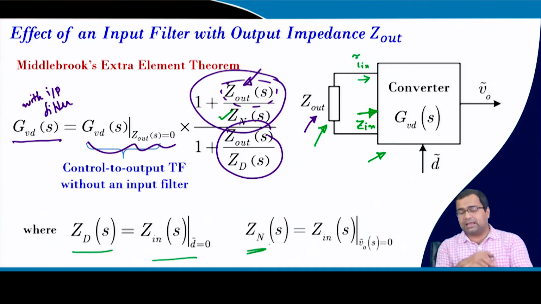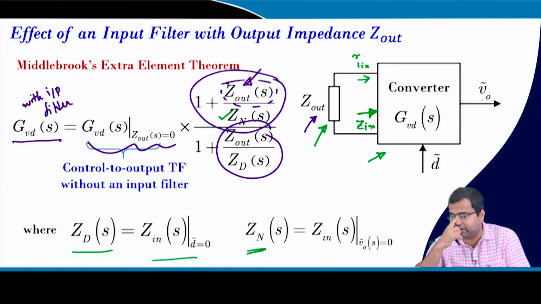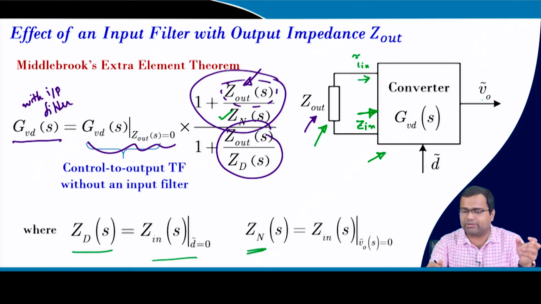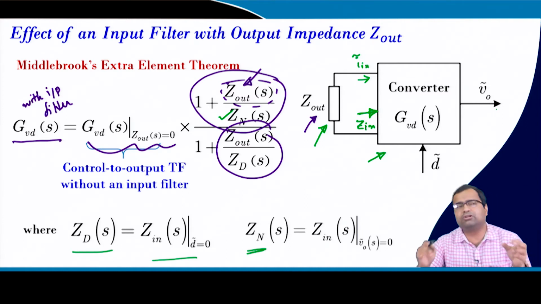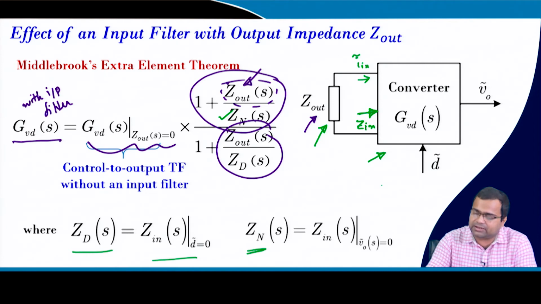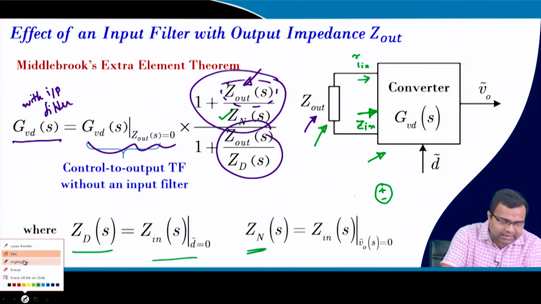Zn is the input impedance of the converter when we have forced the output voltage perturbation to be 0. That means we need to make a control in such a way that whenever we inject this current, we will not see any effect in the output voltage.